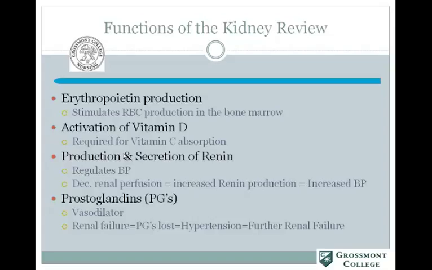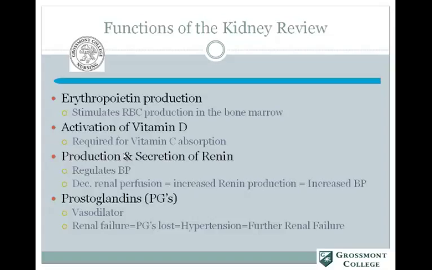Then angiotensin 1 is converted to angiotensin 2 by ACE, and that's where ACE inhibitors work. That's angiotensin converting enzyme. So now you know what that means when you see those drugs. Angiotensin 2 stimulates aldosterone from the adrenal cortex, and then that leads to sodium and water retention. Okay, so that is the deal with renin.